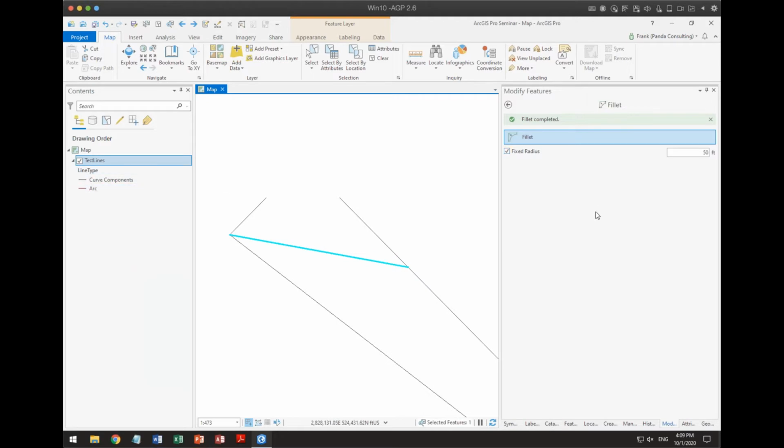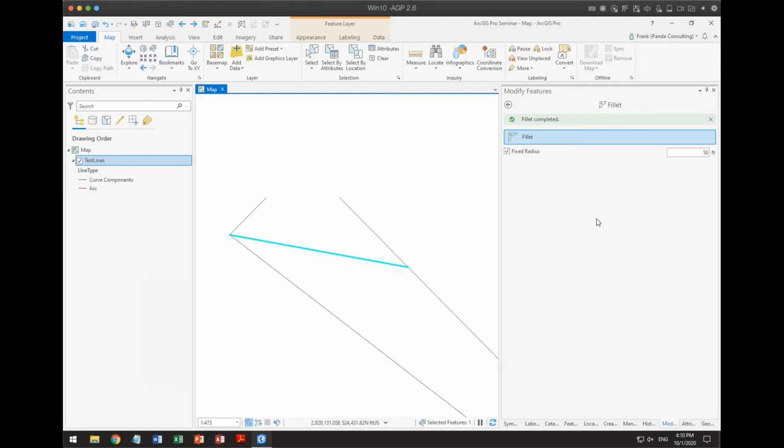I guess Frank, Eric has a question in the chat. Yes. He says, if your legal description gives you chord and chord bearing, but not delta angle or central angle, would you calculate the delta angle or central angle from the chord and chord bearing? No, unfortunately. If all they give you are the chord and chord bearing, and this is recorded, so I'm going to say it, they are lazy surveyors, right?